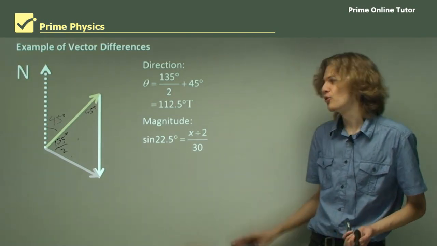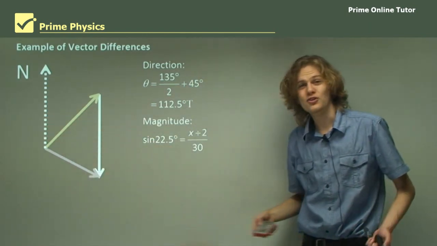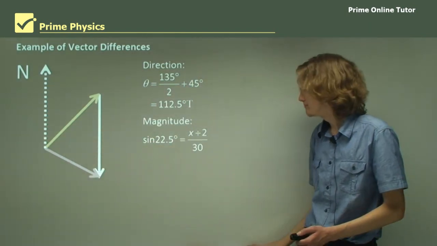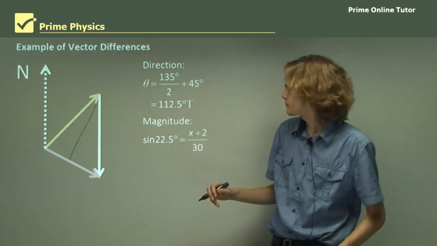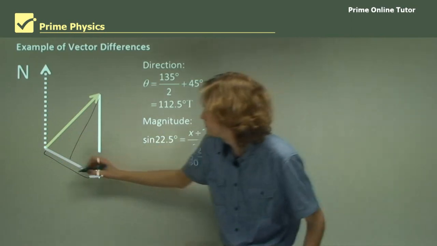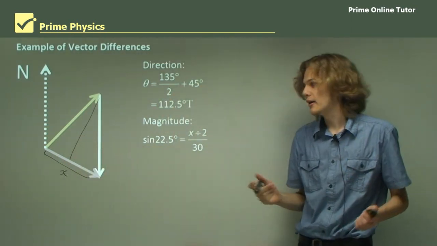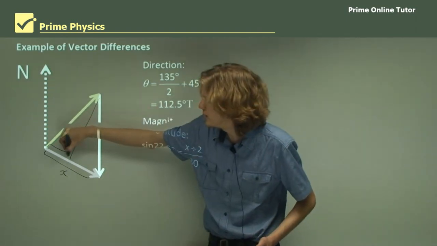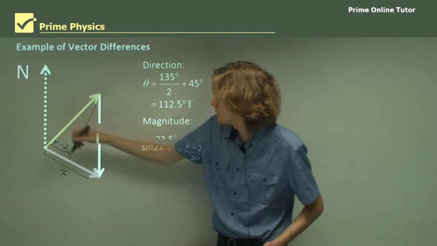So here we will need to draw a right-angled triangle, because with right-angled triangles we can use our trigonometry to solve the problem. So as we have a right-angled triangle here, and this distance we're going to call x. So our edge of the right-angled triangle here will be x over 2, which I'll write there.